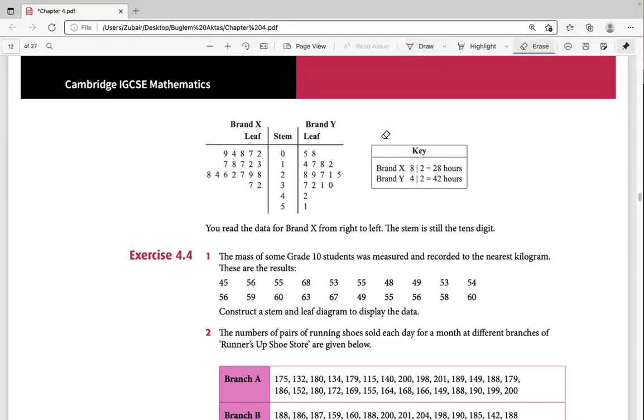So it is in 20s. And mode is exactly the one which occurs the most. I can see these 8 2 times and these 7 2 times. So there's no mode in this case. You read the data of brand X from right to left and stem right tens, and from left to right for brand Y.